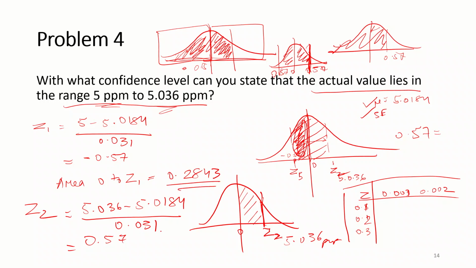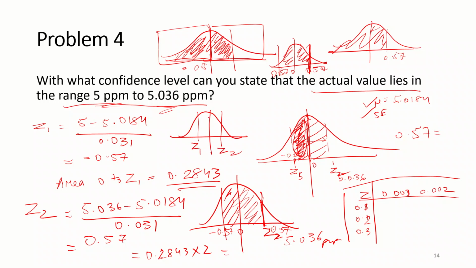So we can essentially double this value, because these graphs are symmetrical, the area will be 0.2843 into 2. So that will tell us what is the area that is under Z1 and Z2.